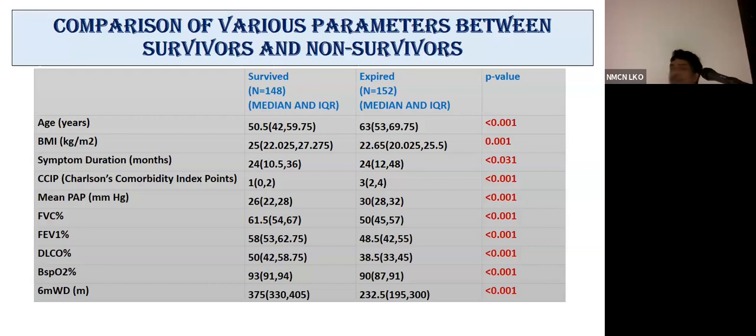These are the continuous variables we found statistically significant that can predict the outcome regarding survival and mortality.